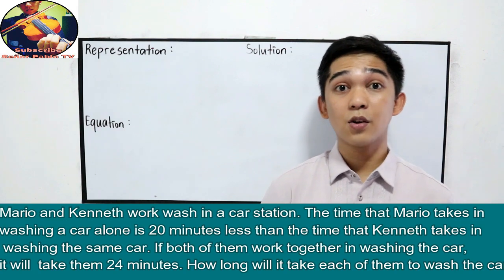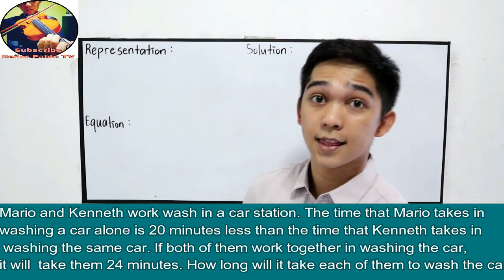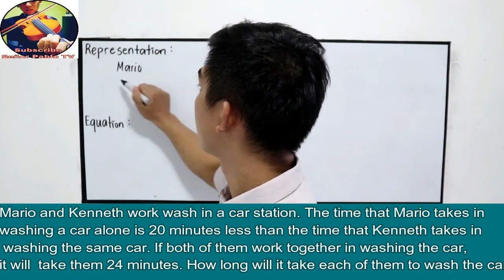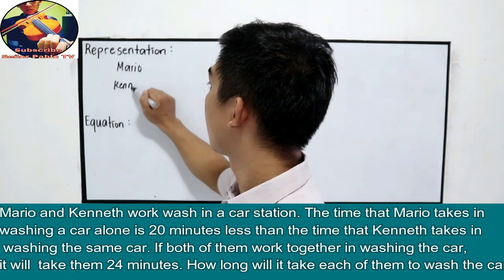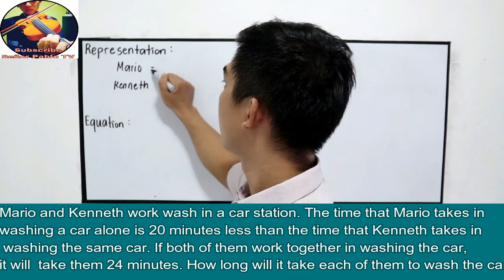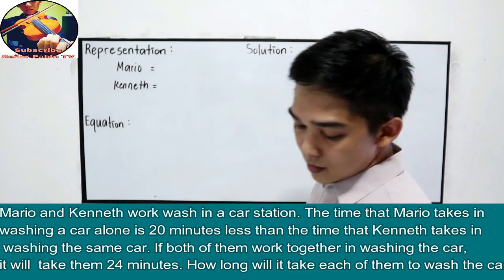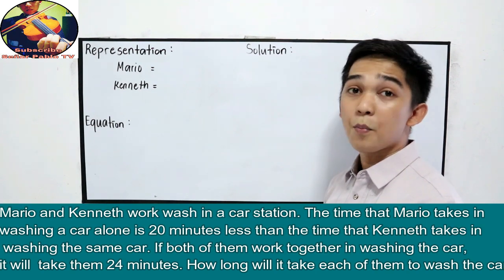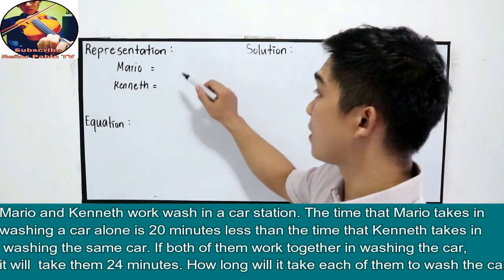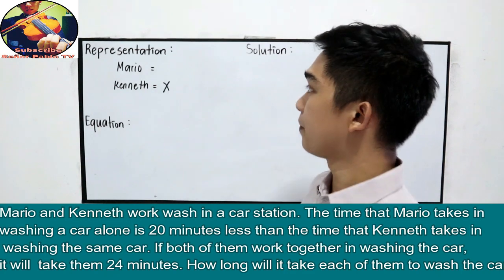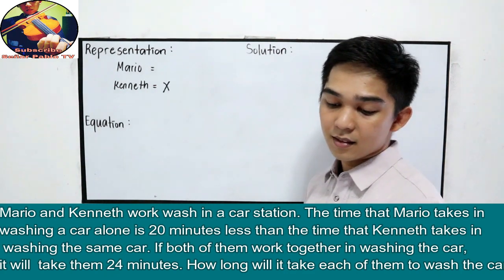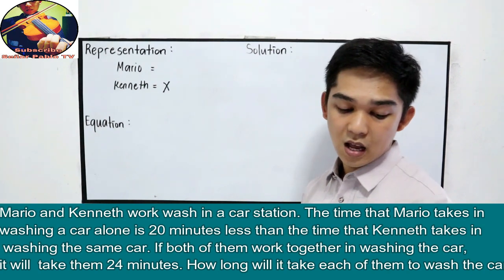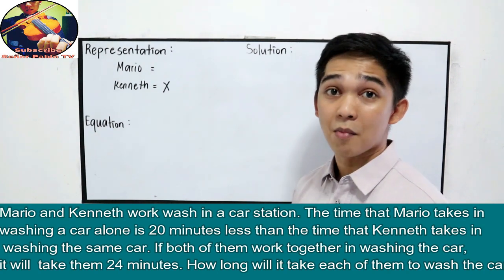So, meron daw tayong si Mario at si Kenneth. Si Mario daw, kino-compare siya kay Kenneth. So, let's say Kenneth be our X. Kaya daw niyang tapusin yung isang car ng less than 20 minutes kay Kenneth.